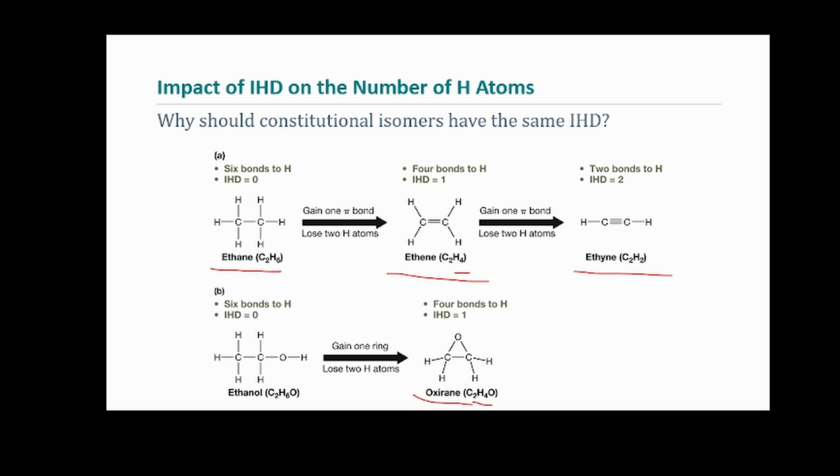So these are not constitutional isomers. This is one of the ways to very quickly confirm they can't be constitutional isomers. If one doesn't have any double bonds and one has a double bond, bam, done. Not constitutional isomers, right?